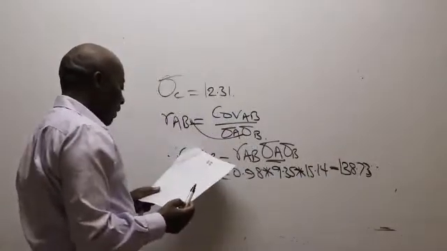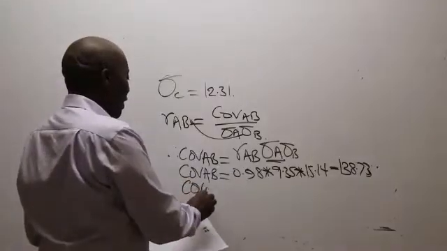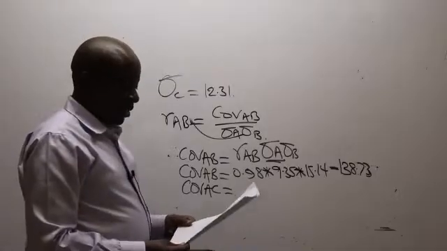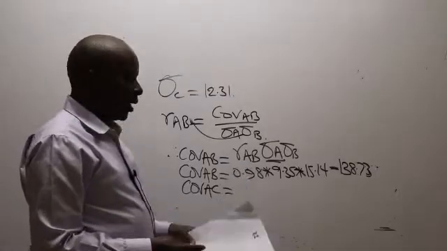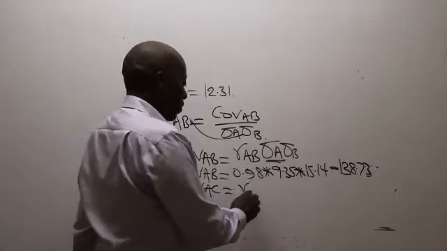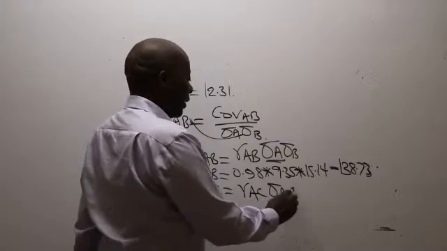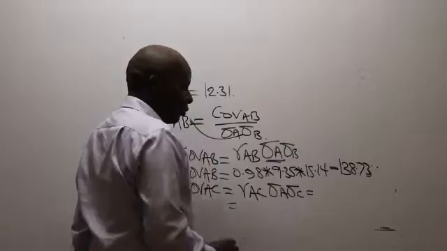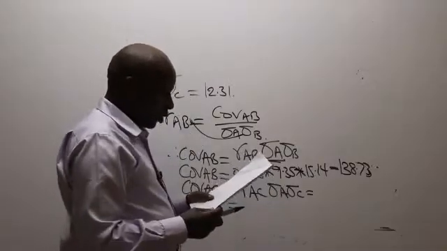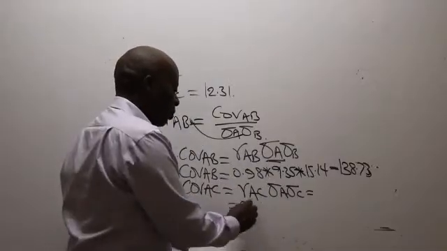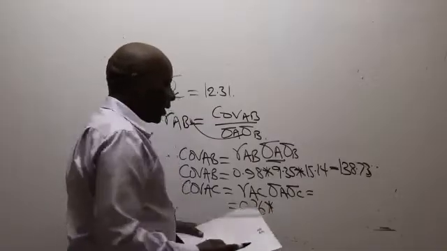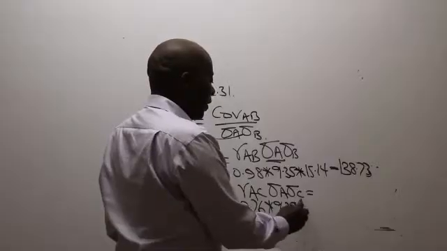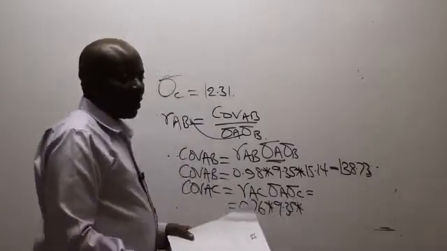Next, I can see there is another pair, the covariance between A and C. I'll take the correlation between AC multiplied by the respective standard deviations. The correlation between AC is 0.76 times the standard deviation of A, which you gave me as 9.35. However, I do not know what the standard deviation of C is.